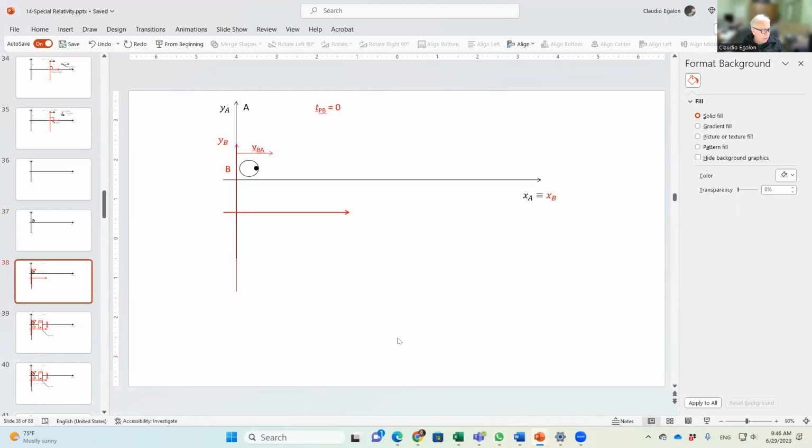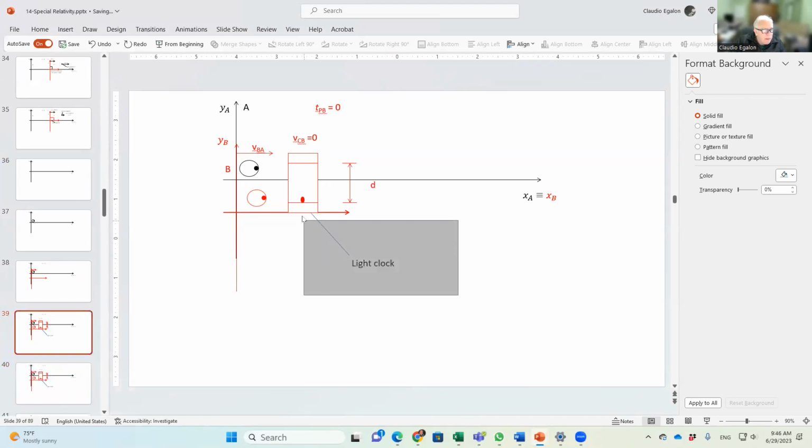And we have this referential B that's moving to the right along the x-axis of referential A. And here you go. In referential B, we also have an observer. And on the top of that, we have this light clock.